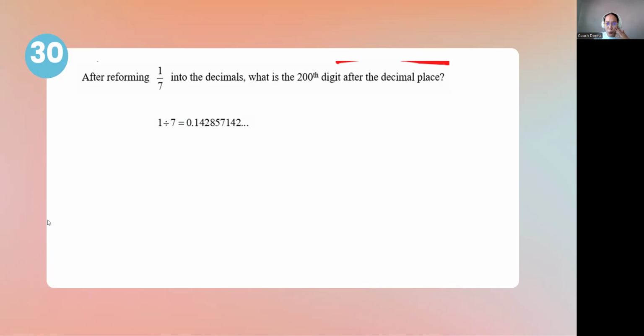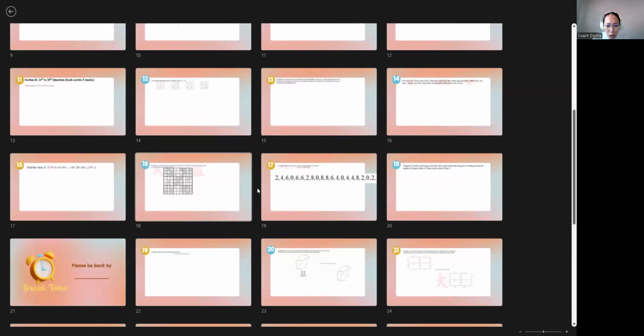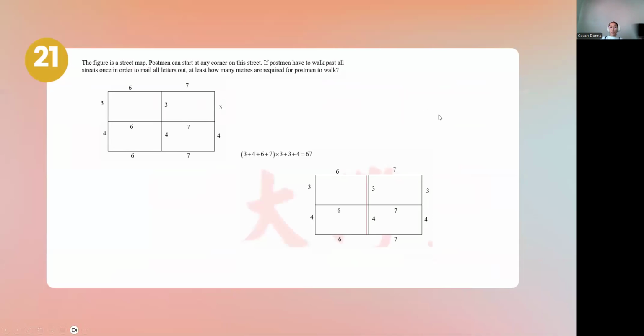Okay, if you have no question, let's go back a little bit because we haven't answered yet what number was that? This one. It seems that there's something different with the solution. So let's stick to this one.